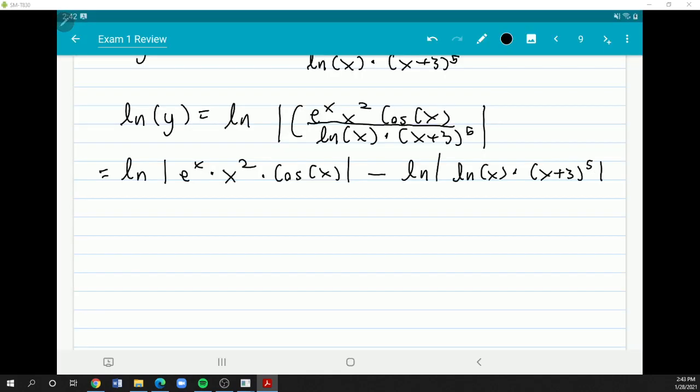Okay, so in this step I used the log rule that says I can split up a fraction: log of a divided by b is log of a minus log of b.